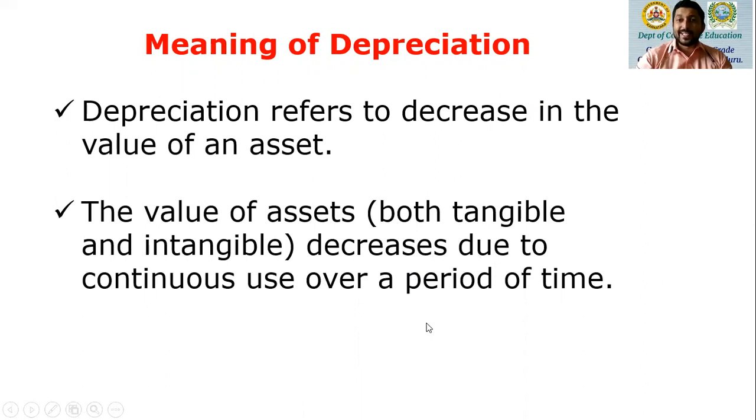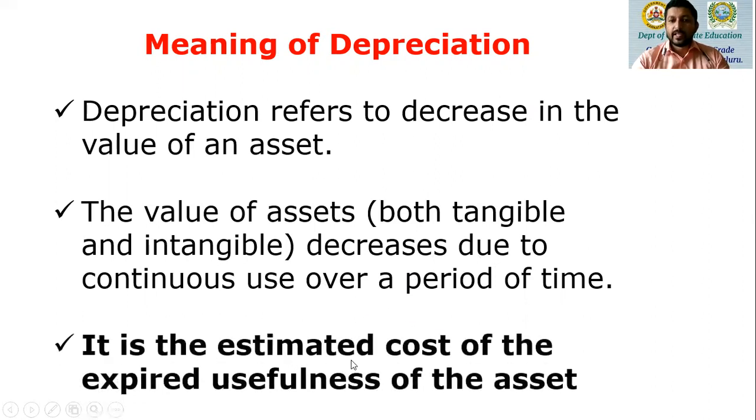So what is the basic essence or basic idea of depreciation? We say it is the estimated cost of the expired usefulness of an asset. An asset when purchased, it is estimated that it will be used for a certain number of years, maybe 10 years, 12 years, whatever may be the case.